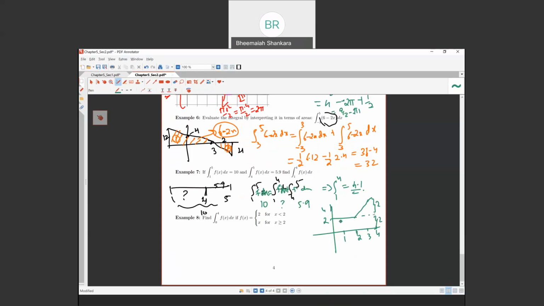So when you calculate, you can calculate this as the area of a rectangle, and then you can calculate this as area of a triangle. So you have two shaded regions here. So you can write 0 to 4 f of x dx is area of rectangle plus area of triangle.